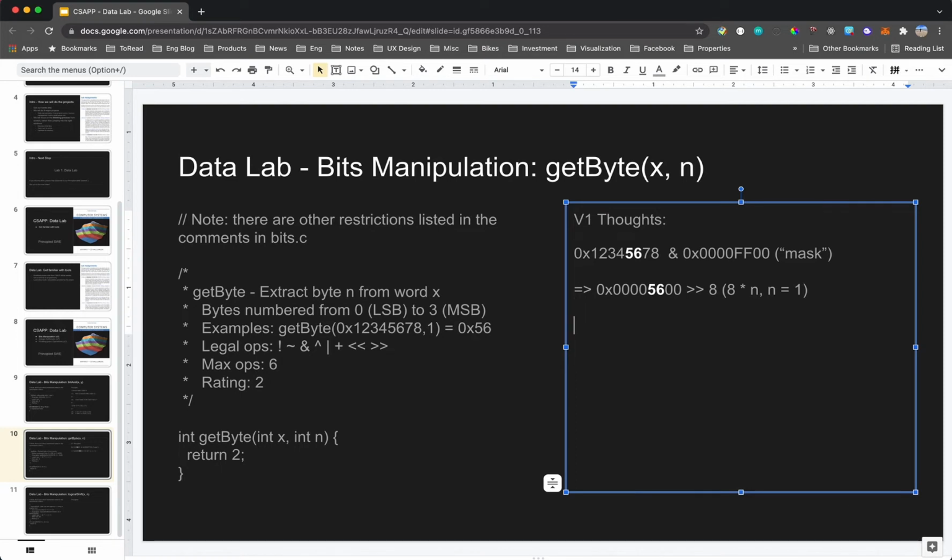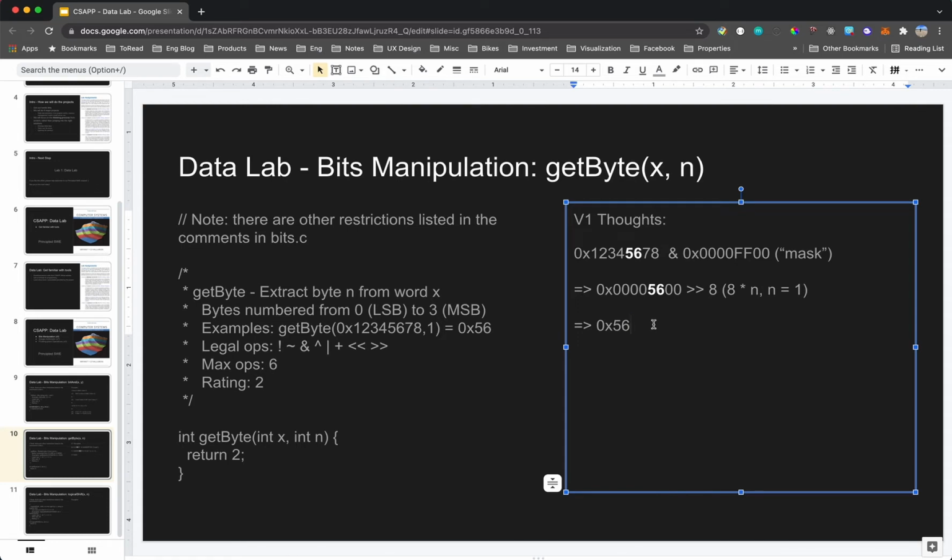So once we do the right shift here, then what we have is really just this number 56. We don't need to write all the zeros in front. So this is the actual result we want to get here, right? From a high level, very straightforward idea.